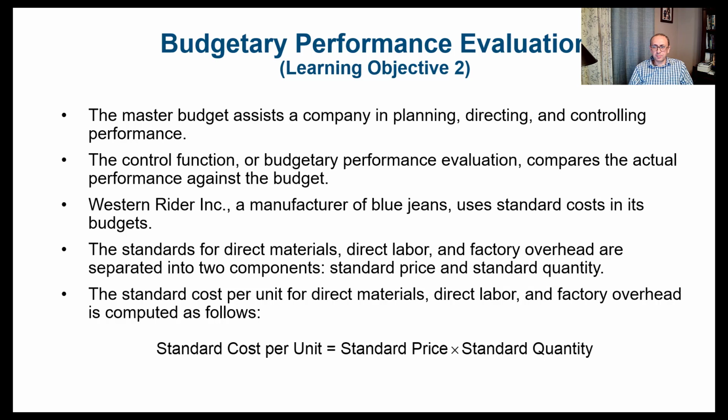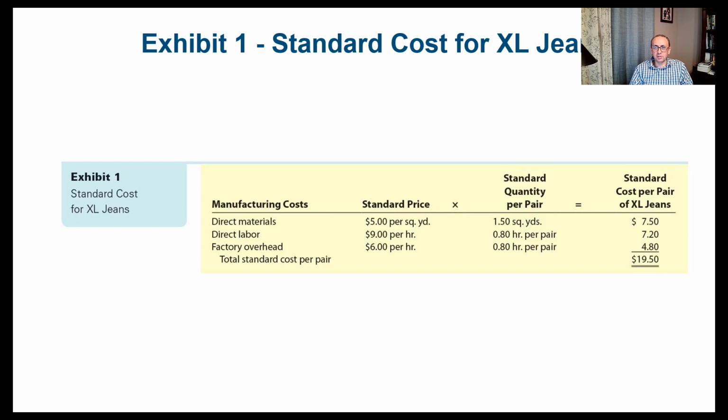So the standard cost per unit for direct material, direct labor, and factory overhead would be computed as follows. We're going to have the standard cost per unit be equal to the standard price multiplied by the standard quantity. So let's apply that to the three components of manufacturing cost. So we have direct material, we have direct labor, and we have the factory overhead.